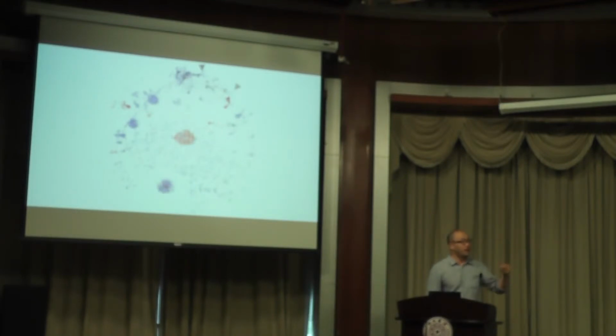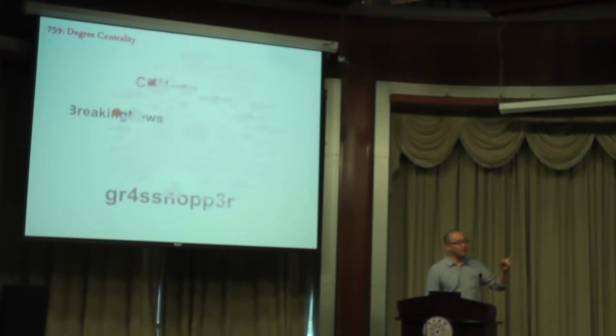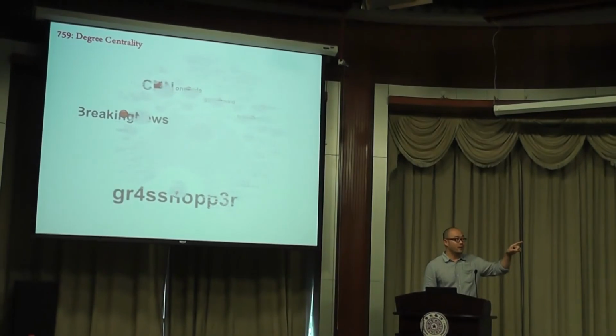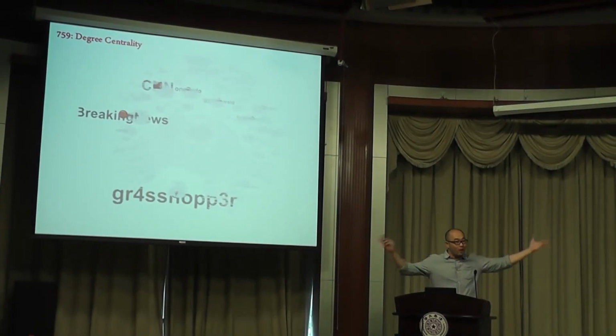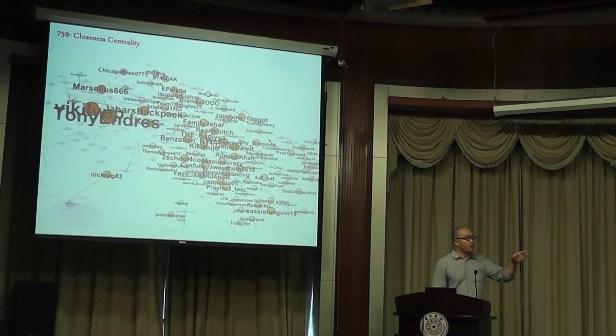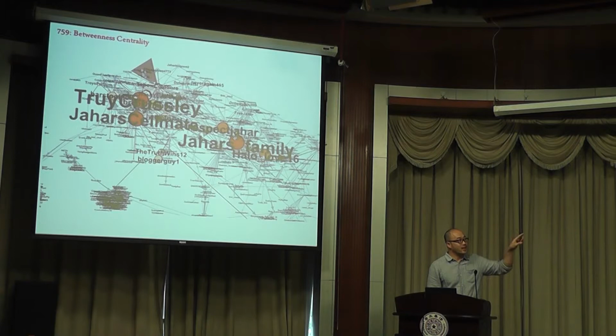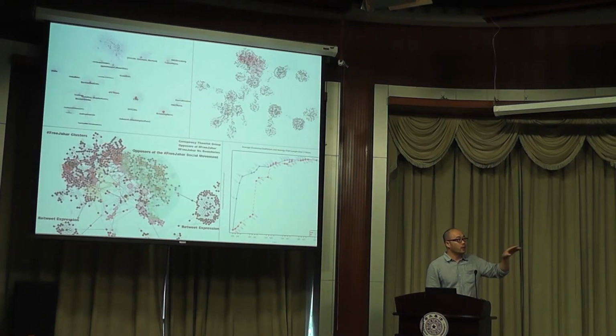And it will become this picture. The degree centrality, the top part, are the most important people because they're networked. The grasshopper, that's one 19-year-old teenage boy. When he tweets, thousands of people tweet. So it's not really important. Looking closely at the closeness centrality and the betweenness centrality, you can see that there are a few people who are more important.